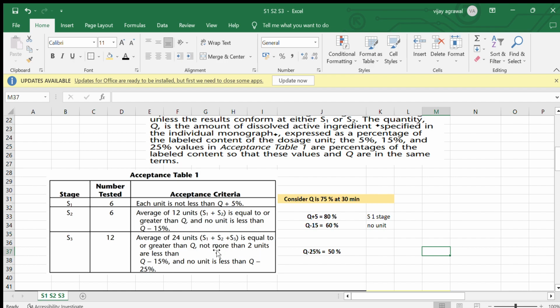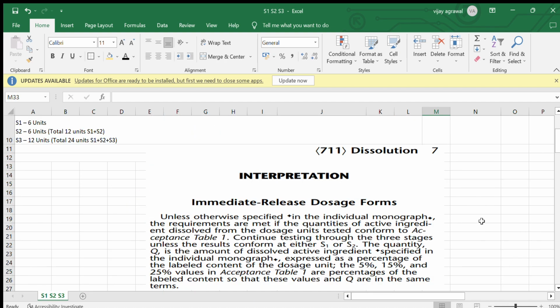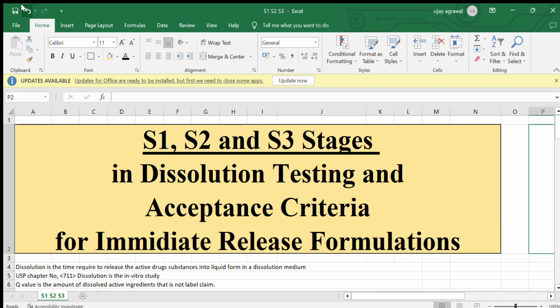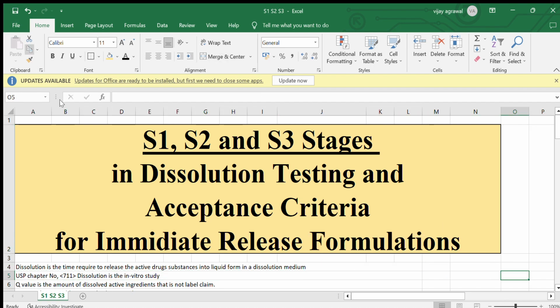Then at S3 it became average equal to or greater than 75 Q, not more than 2 units less than Q minus 15, and no unit is less than Q minus 25. So if the dissolution fails in S3, then there is no remedy over that, and that should be investigated. In QC, if the dissolution testing fails in S3 stage, then that batch cannot be released to the market.